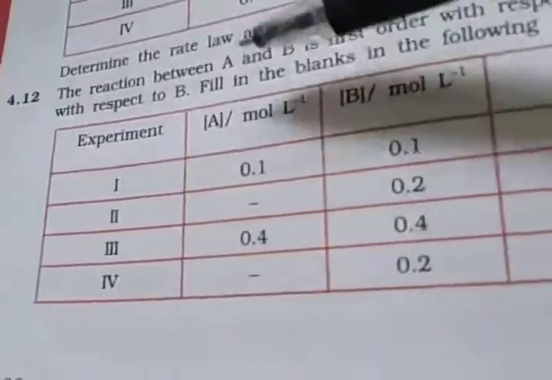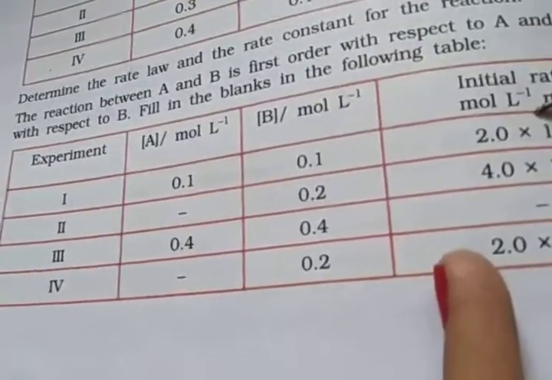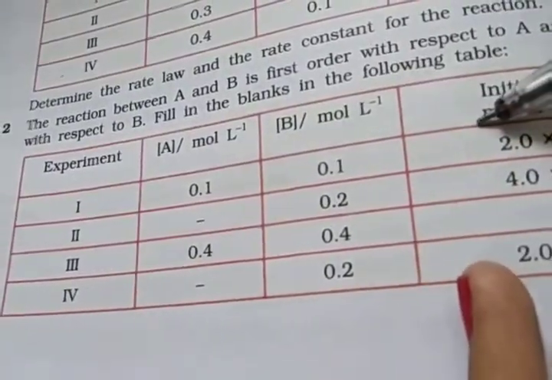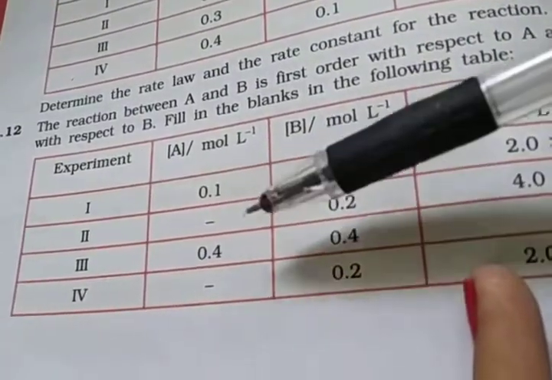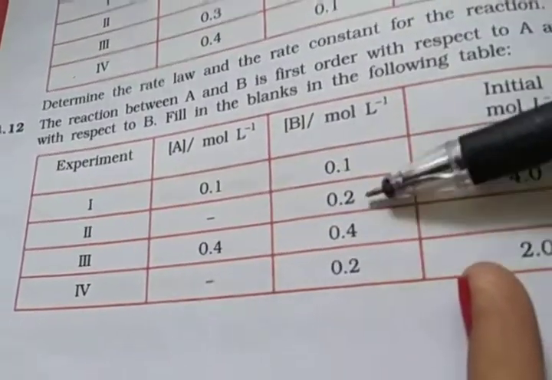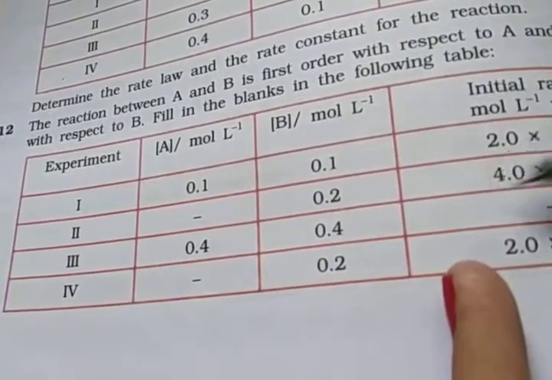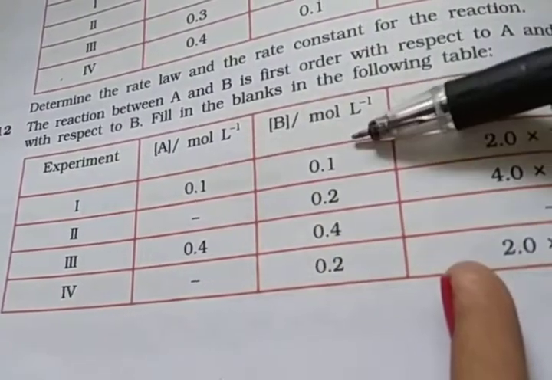From the first, you see the A concentration, B concentration, and R are given, so from the first we have to find the K value. Then in the second, A we will find, and the B value is given, the R value is given, and K was already found from the first equation.